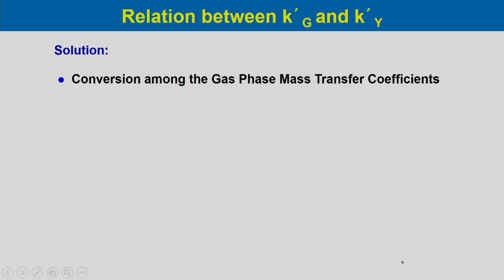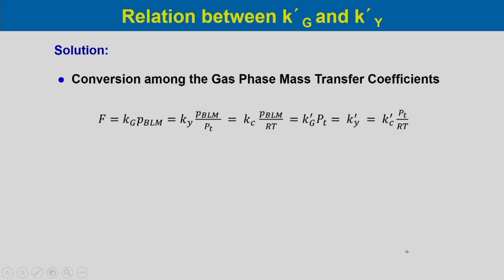Conversion among the gas phase mass transfer coefficients, we can write F would be equal to kg PBLM, which would be equal to ky PBLM divided by Pt, which is equal to kc PBLM by Rt. We can write kg dash Pt would be equal to ky dash, which is equal to kc dash Pt by Rt.